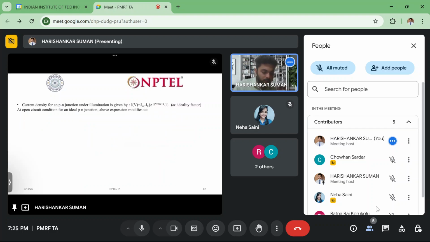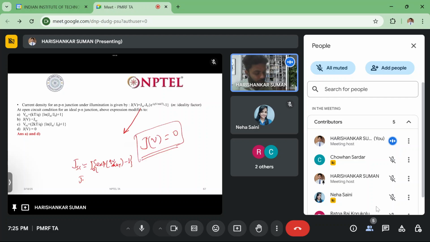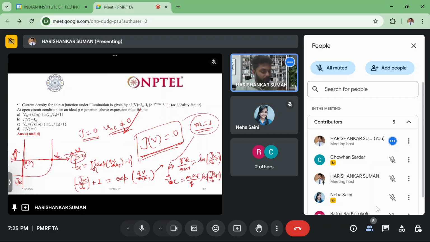Next, current density of a PN junction under illumination is given by this. So at open circuit voltage condition, the ideal PN junction expression modifies as follows. So we know at open circuit condition, current should be 0, voltage should not be 0.